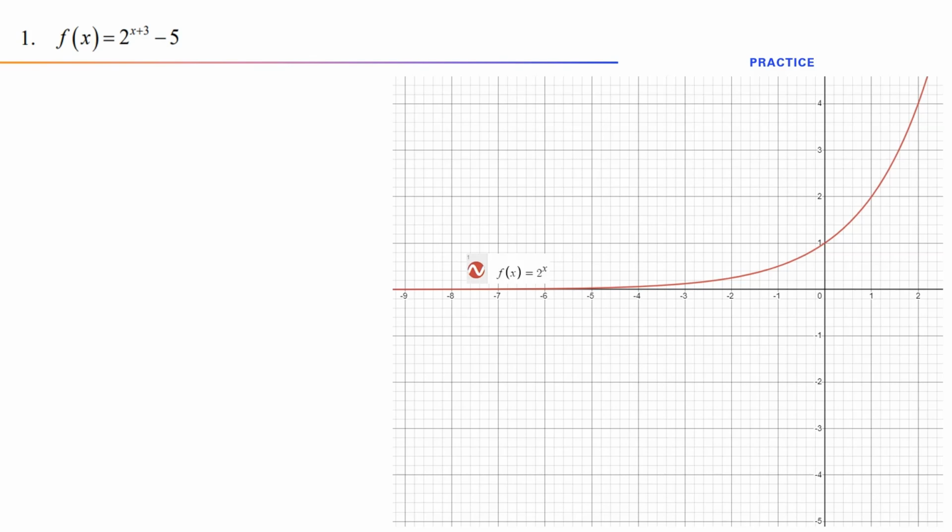When we read the given function, we know that f of x equals 2 to the power of x is the parent function, and that's how it looks, the red graph. Now we analyze the negative 5: it goes down 5 units.